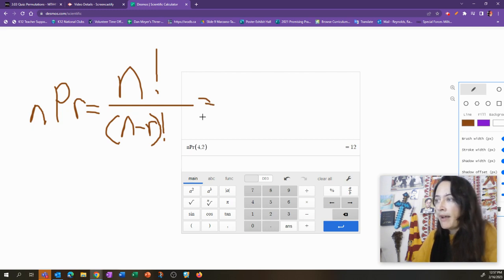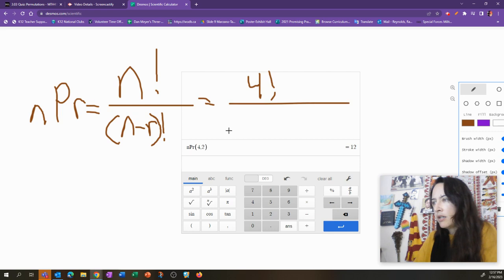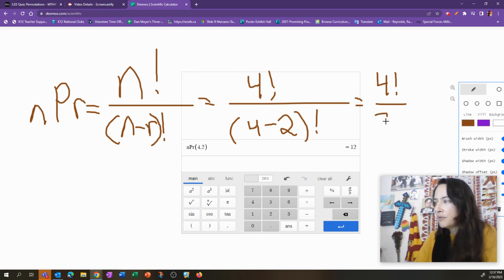So we would do 4 for our n, 4 factorial over (4 minus r, which is how many we're choosing) factorial, which equals 4 factorial over 2 factorial.